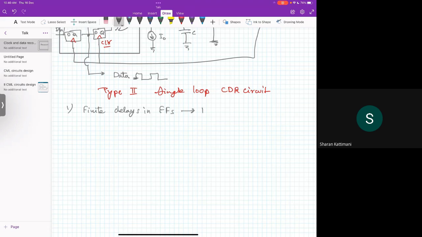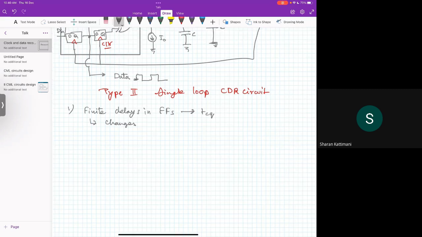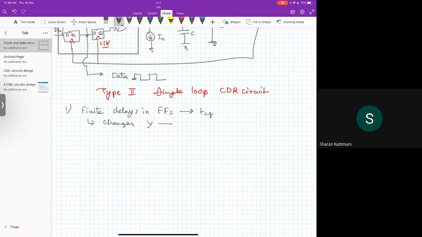So there will be a finite clock to Q delay, let's assume. So it will change the pulse width of Y by delta T. Okay, so the Y will change by delta T, and that delta T is nothing but T clock to Q, and that results in phase error.